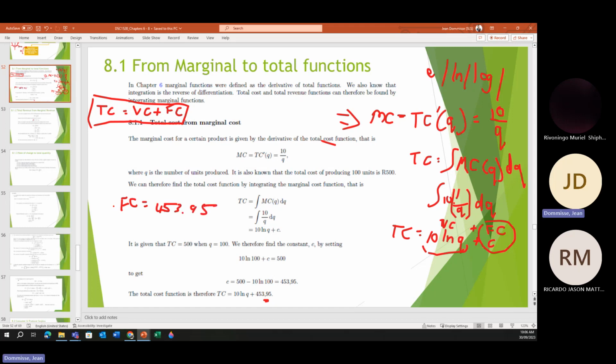Or they can tell you that when we produce 100 units at the cost of 500, that will be your fixed cost. So we will substitute it in.